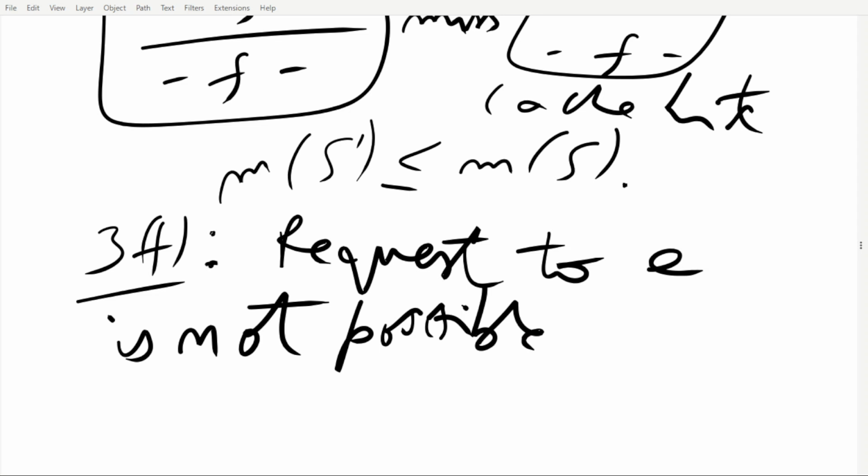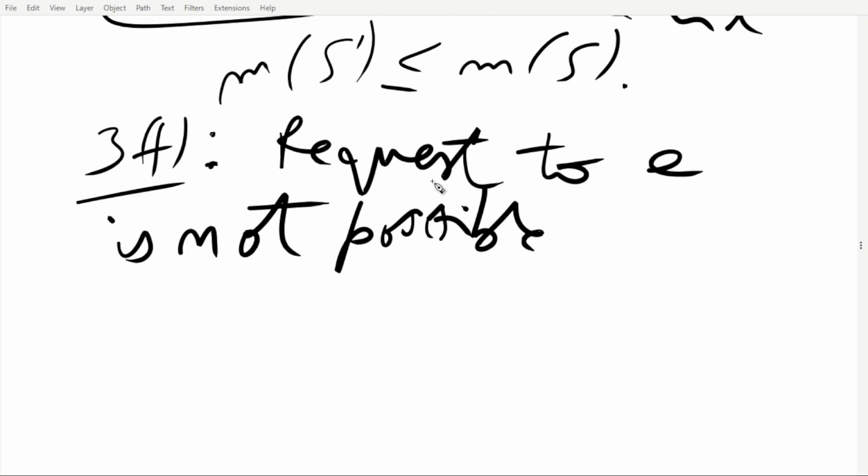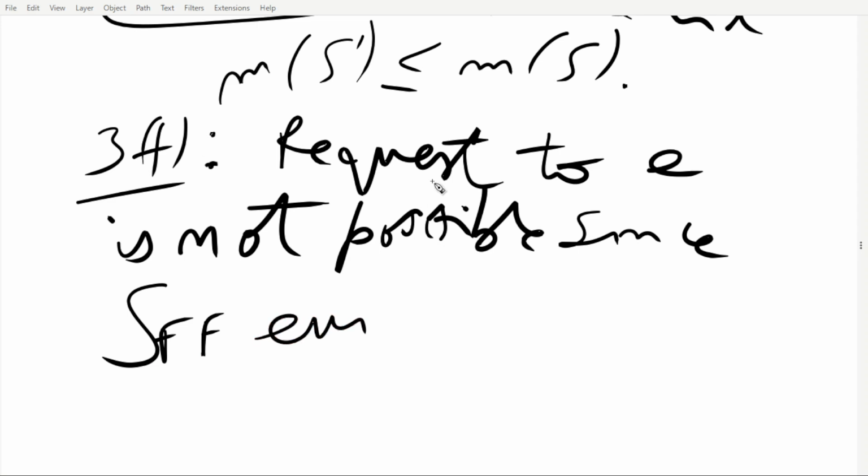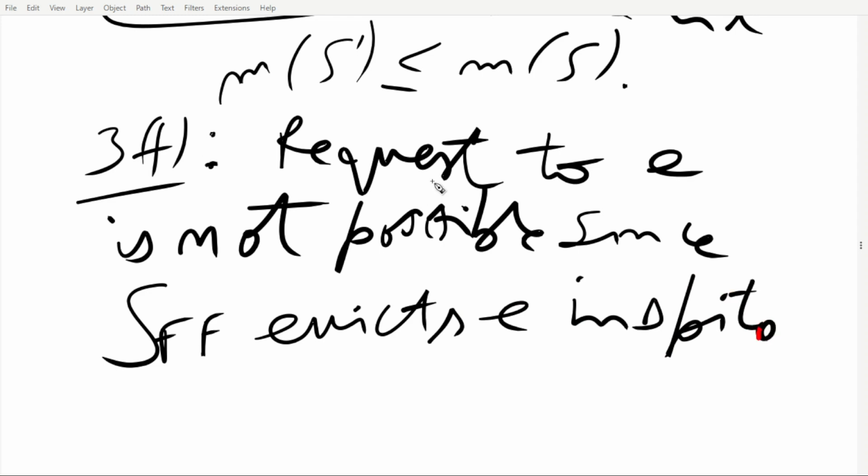The reason is very simple. Just observe how the farthest-in-future algorithm works. If we consider S_FF, the farthest-in-future algorithm, it evicts E in spite of F.